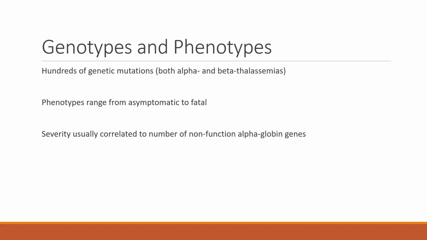This ranges from being totally asymptomatic, patients who might have just one or two alpha gene deletions or mutations, to essentially fatal in utero, depending on the severity, if they have a 4-gene deletion. And again, the severity is usually going to correlate to the number of non-functional or mutated functional genes for the alpha globin, as well as the beta chains.